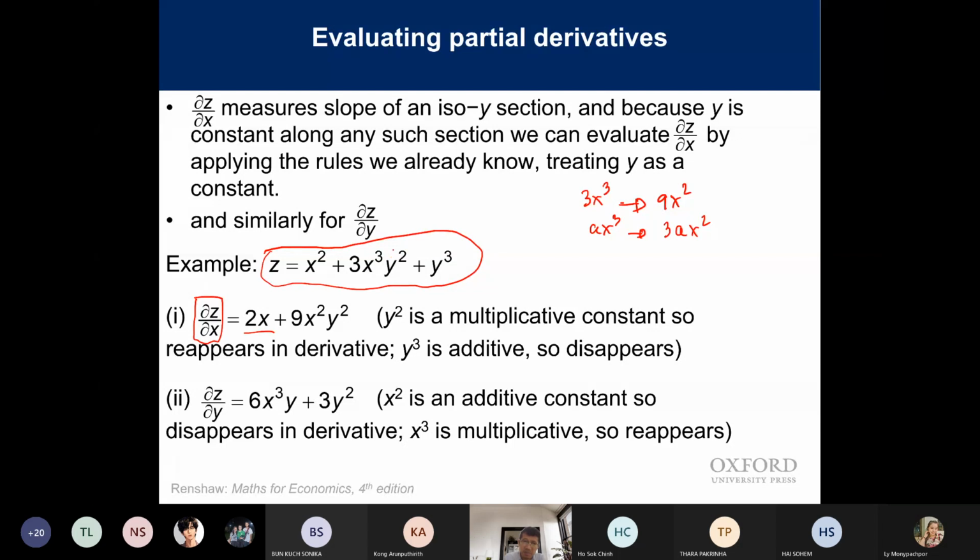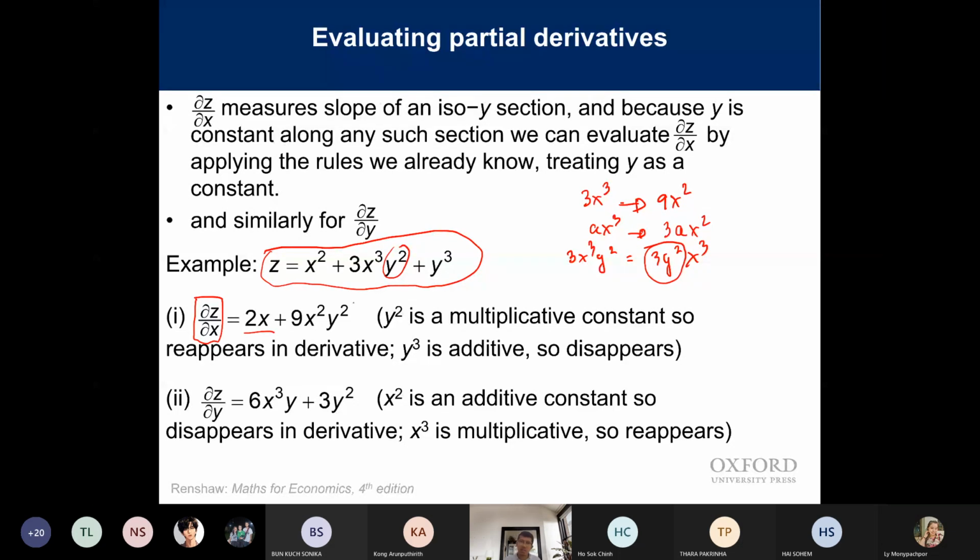Now y squared is a constant, right? Because you are differentiating with respect to x, any other variable besides x is treated as a constant. So in this case, 3x cubed y squared is 3y squared times x cubed, and 3y squared is a constant.